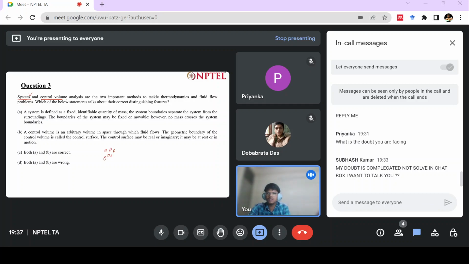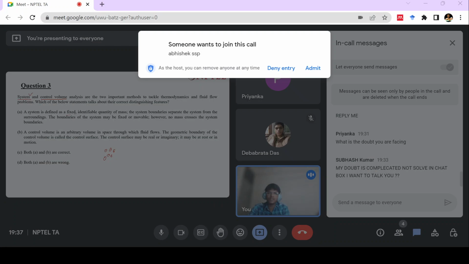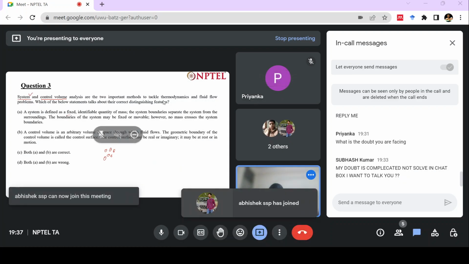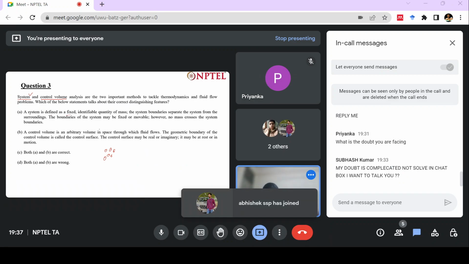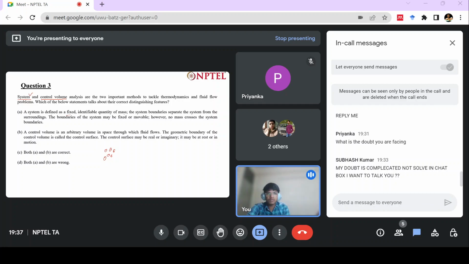And here this option is saying the system is defined as a fixed identifiable quantity of mass, and the system boundaries separate the system from the surroundings.